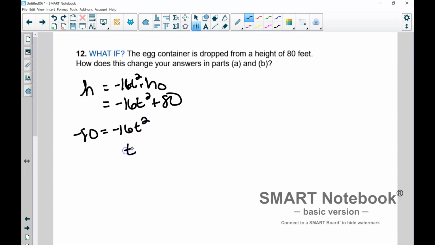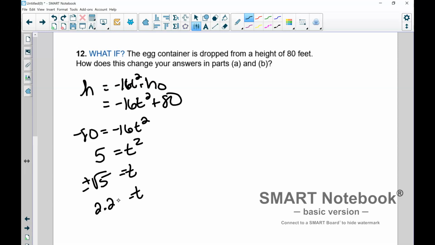So t squared is equal to, dividing both sides by 16, that's going to give me 5. So t is equal to plus or minus the square root of 5. Now, again, we're going to ignore the negative part because you can't have negative amounts of time. And the square root of 5 is approximately 2.23. So it took about 2.2 seconds for it to hit the ground.